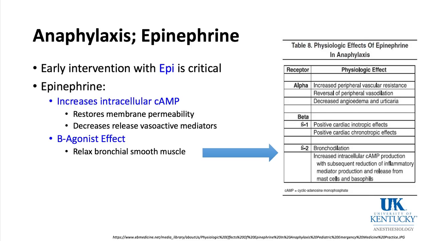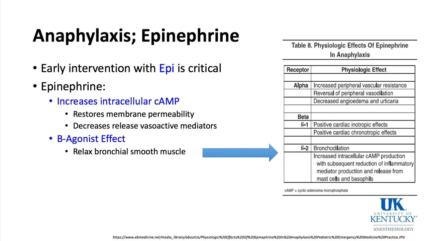Treatment of anaphylaxis, as we mentioned, was epinephrine. Why? Give it early, number one, and the why is because it does two major things. One, its beta agonist effect relaxes bronchial smooth muscle, causing bronchodilation, beta 2 effect, and it increases intracellular cyclic AMP, stopping those mast cells and basophils from secreting the stuff that's in them.